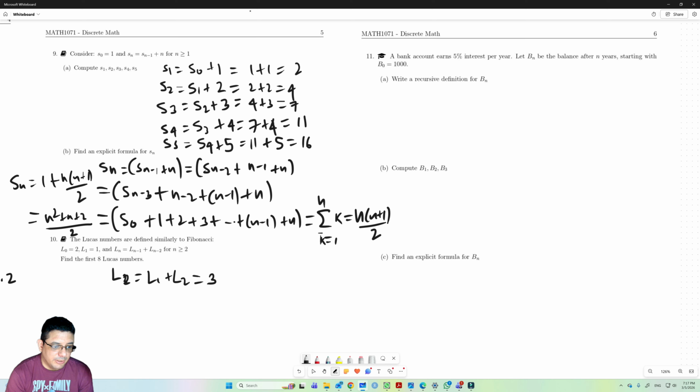Now L3 will be L1 plus L2, which will be 3 plus 1, which will be 4, because L1 is 1.